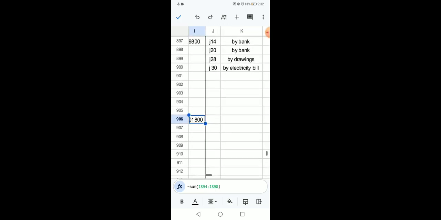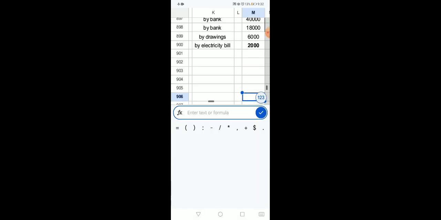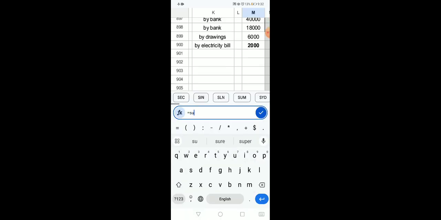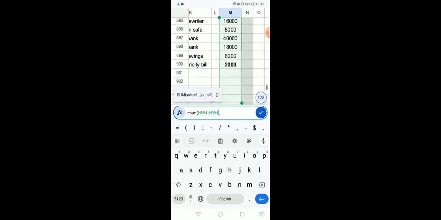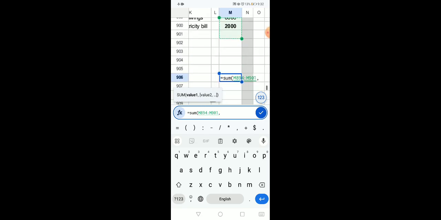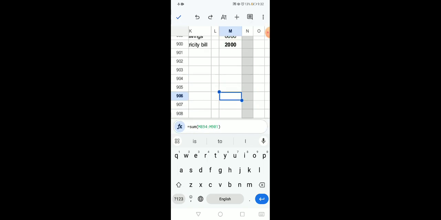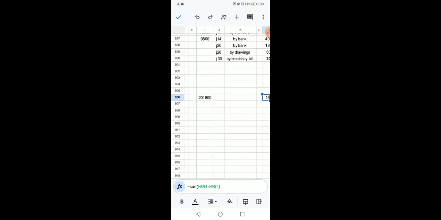You will do the same for the credit side, calculating the sum of all amounts present on the credit side. Excel will help us calculate the sum. So the sum of the credit side is 150,000, and the sum of the debit side is 2 lakh 1,800. The sum is completed. The first step is completed.